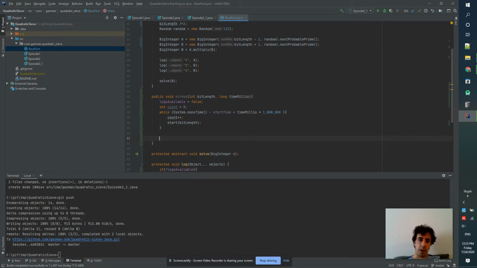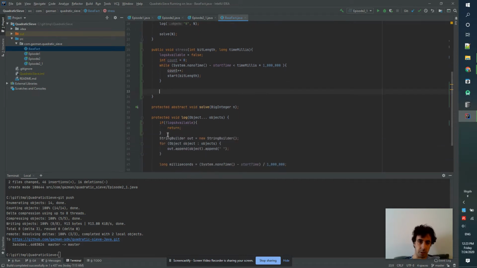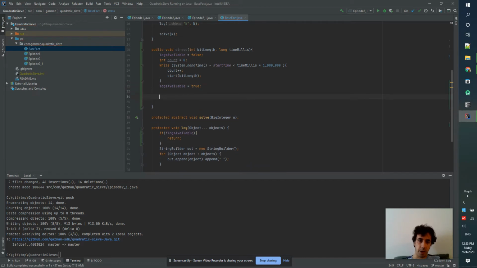Okay, and now let's see how much time it took us to execute this many counts. Let's log it. So I want to bypass that, so I'll set logs to true and log count and speed. So speed is count divided by this difference.